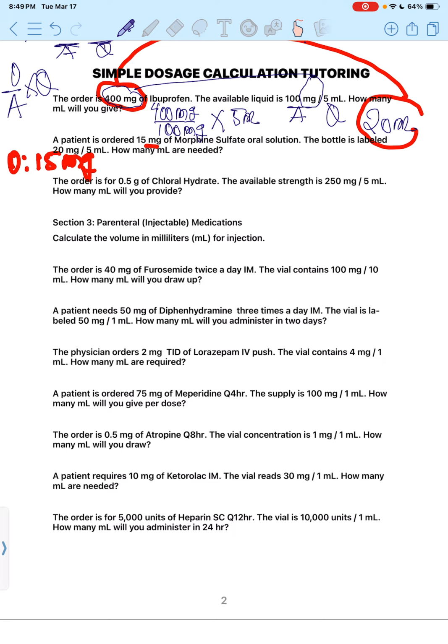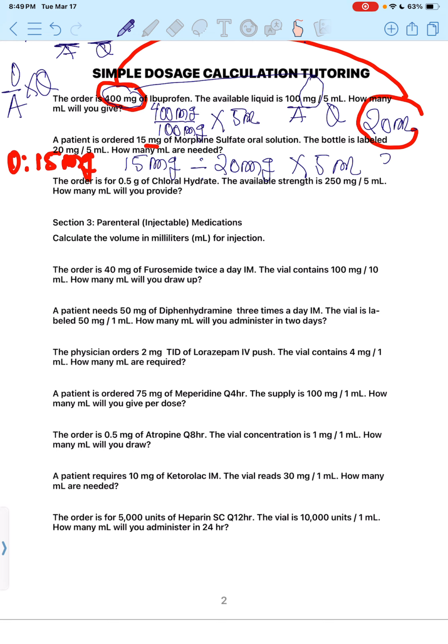So I'm going to do 15 milligram, which is your order. I will divide that by your available, which is 20 milligram. Whatever I get, I'm going to multiply that by my quantity, which is 5 milliliter. All right, my friend. So 15 divided by 20, you got 0.75, times 5, you got 3.75 milliliter.